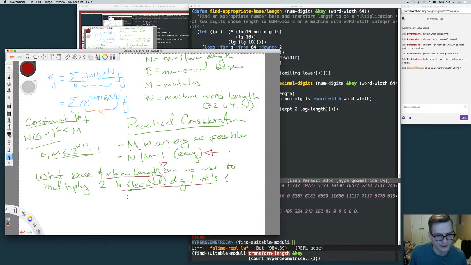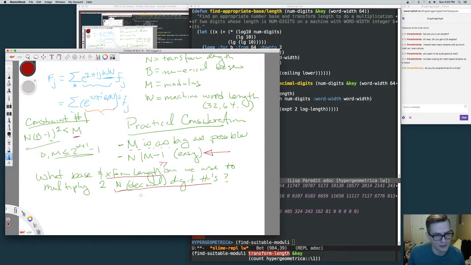So we need a function that can convert the notion of n decimal digits to a possible base and a transform length that is less than a provided modulus.